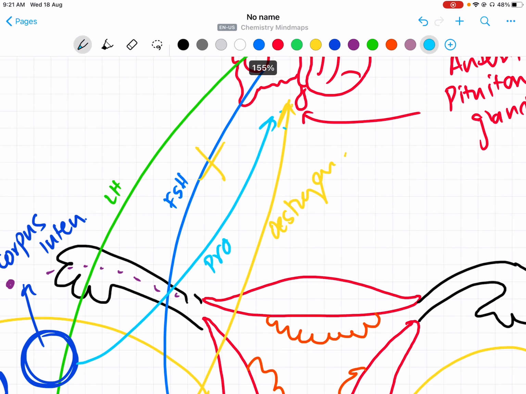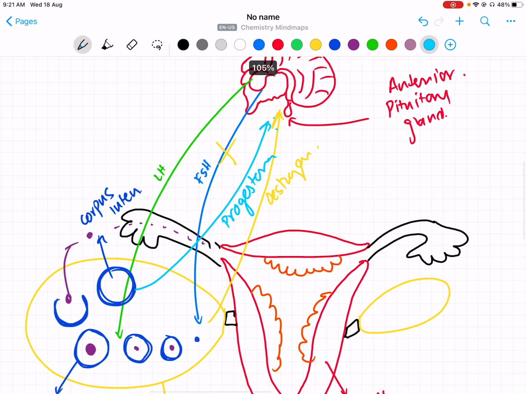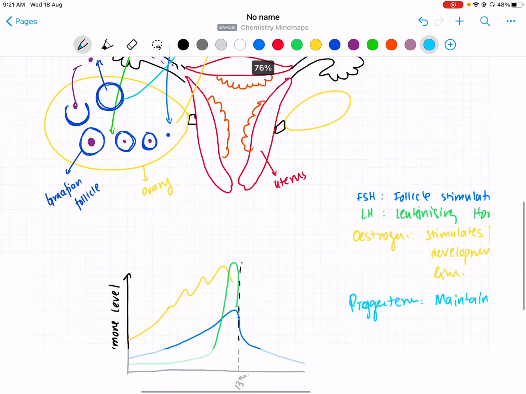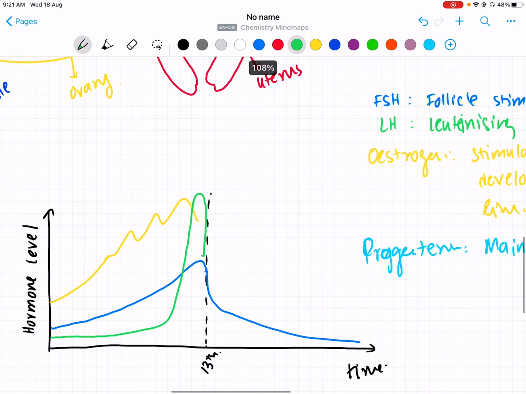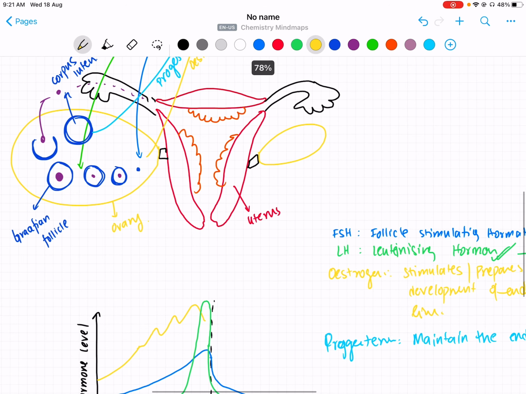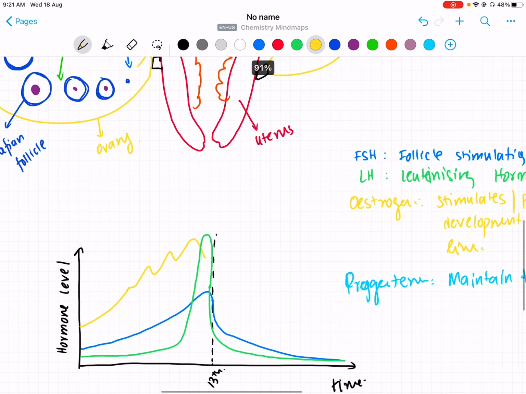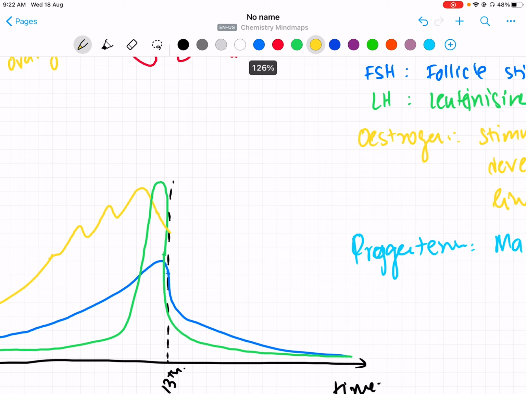Now, progesterone is going to inhibit FSH and inhibit LH. That's why LH crashed, and throughout the rest of the cycle LH stays low. Estrogen is not inhibited, but it will reduce.